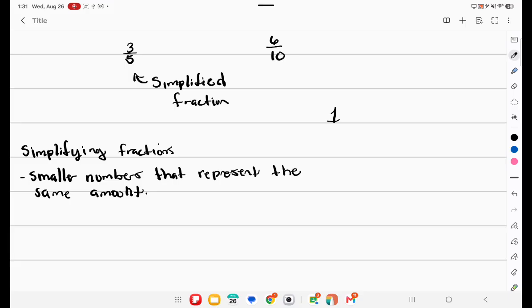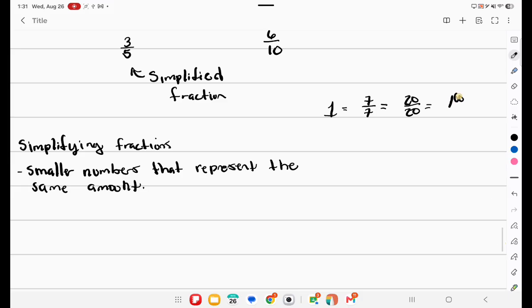If I give you 1 of anything, we know that's 1. My bad. Let me give you 7 out of 7. How much is that? Okay, fine. I'm going to give you 20 out of 20. How much is that? Okay, I'm going to give you 100 out of 100. It's still what? The amount stays the same. The numbers are different, okay? But it represents the same amount, all right?